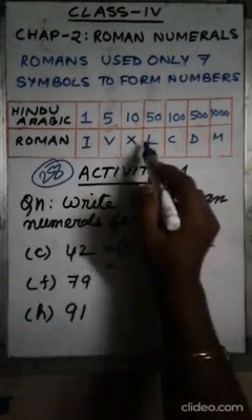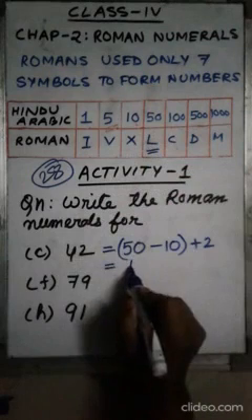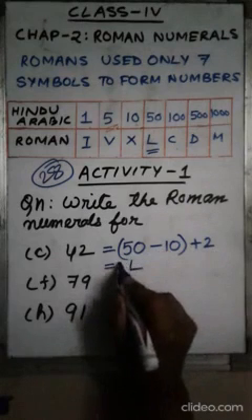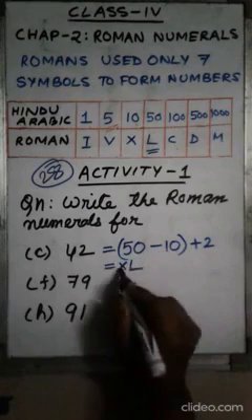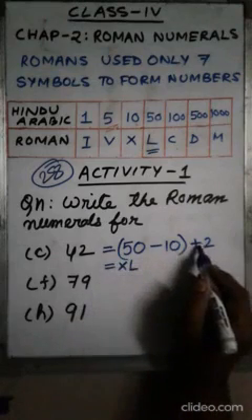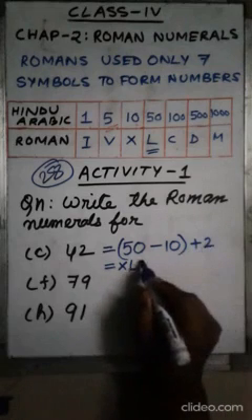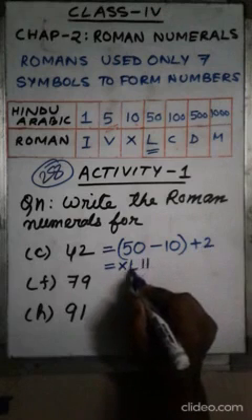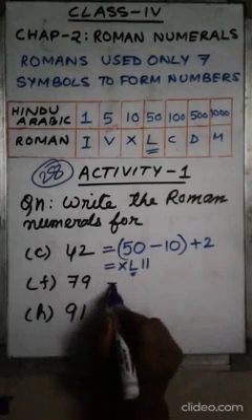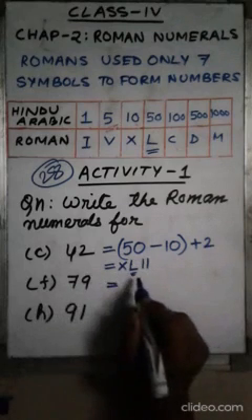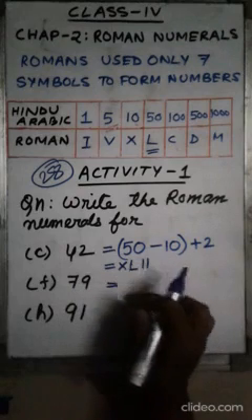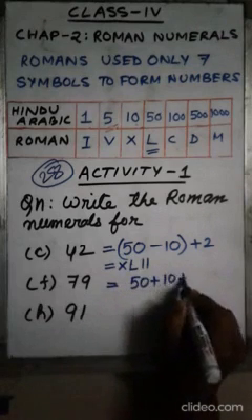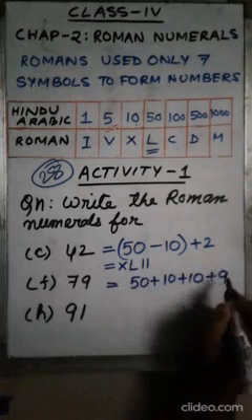50 is what? 50 is L. If I am subtracting 10, that means I have to write 10 before 50. And then adding 2, that means I have to write the symbols after the greater value L. The same way, 79 is how much? 79 is 50 plus 10 plus 10 plus 9.